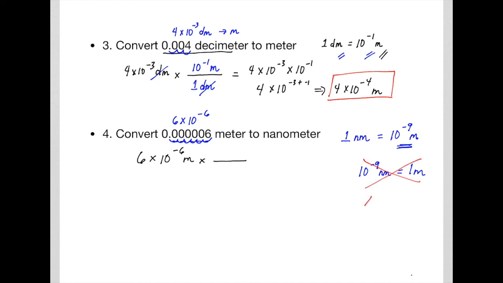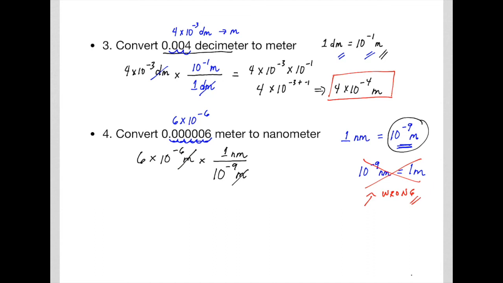Let me re-emphasize this because most students get this concept wrong. Okay? So, let me continue. We have this dimension. I will write my 10 raised to negative 9 meter, and then we have here 1 nanometer. So, let me cancel now.